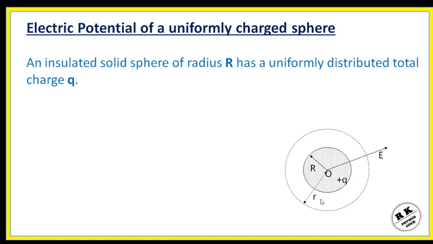Here the centered circle denotes the insulating sphere with center at O, having radius capital R and a uniform charge distribution with total charge plus Q.